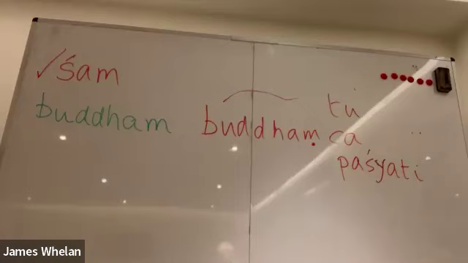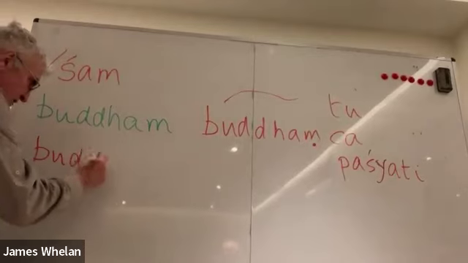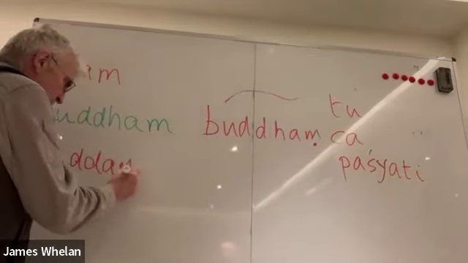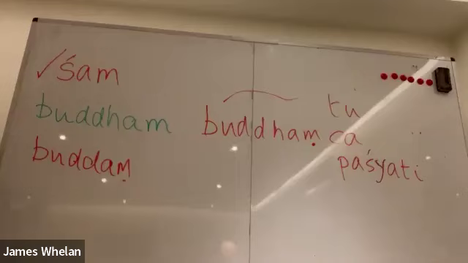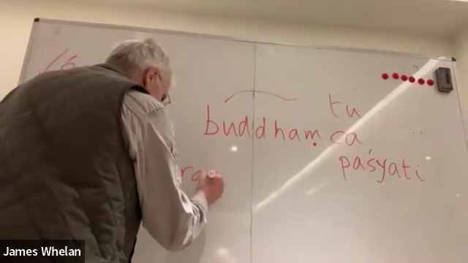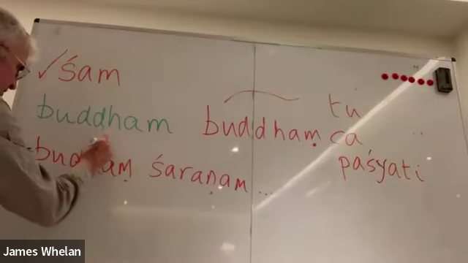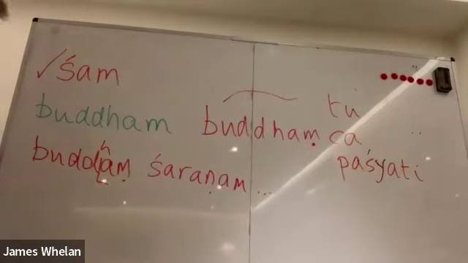It's followed by an S. Now, this is what happens. I'll do it now separately in Sanskrit. So Buddham. No, let's use our well-known one, Buddham Saranam Gacchami. So we'll write it first of all in Sanskrit. Oops, sorry, I missed that. And in Pali, no.